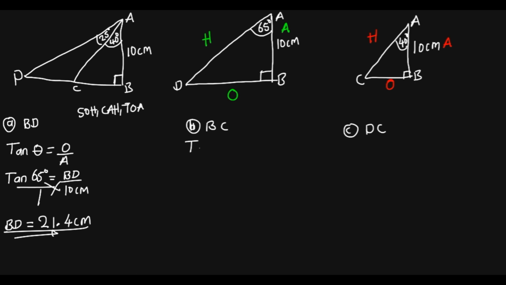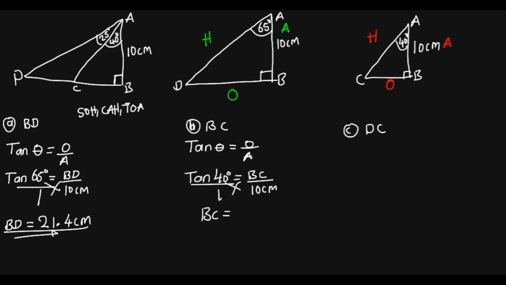So tan theta is equal to opposite over adjacent. This time the angle is 40, opposite BC, adjacent 10 centimeters, so over 1.